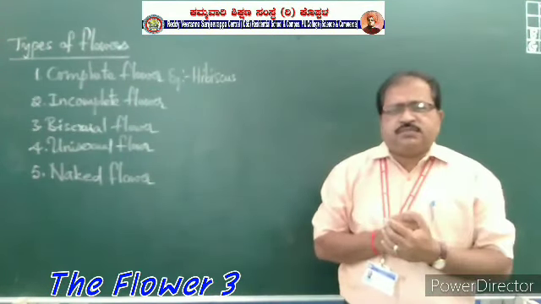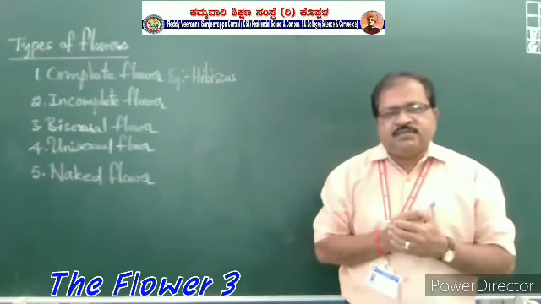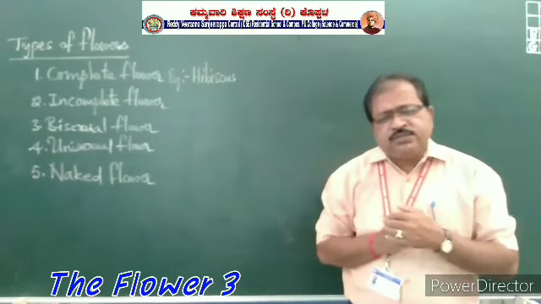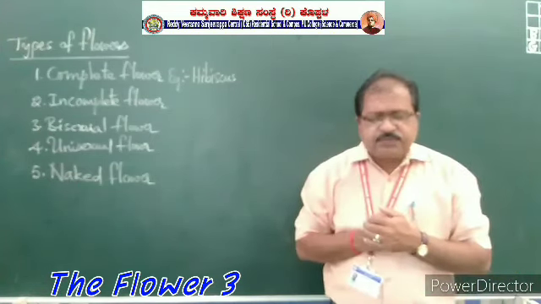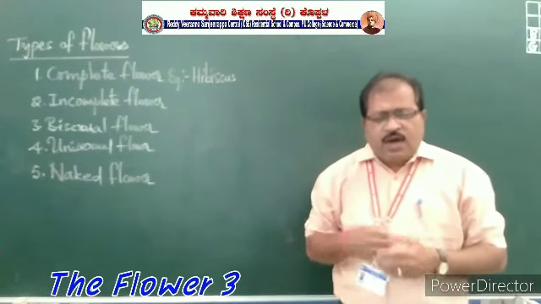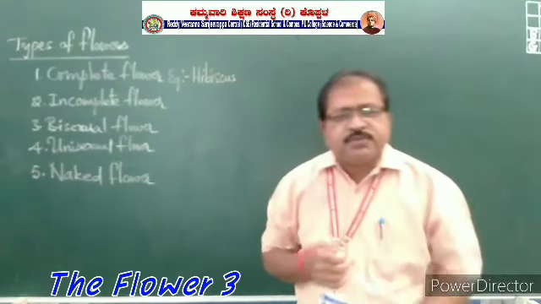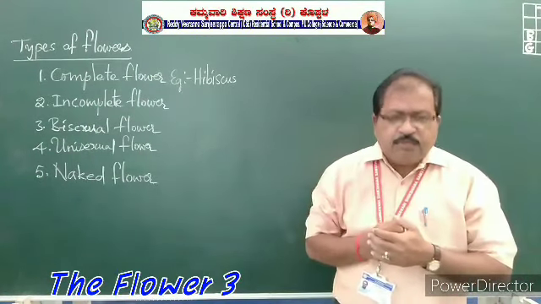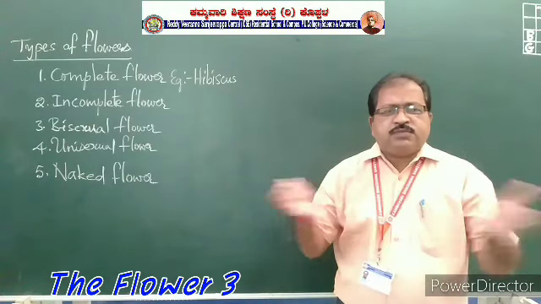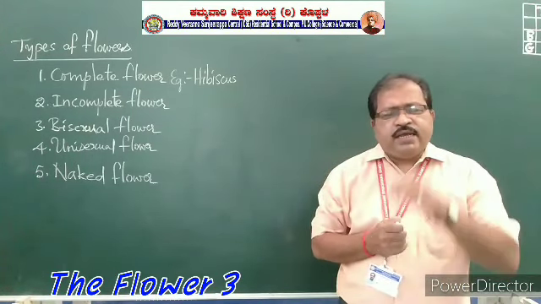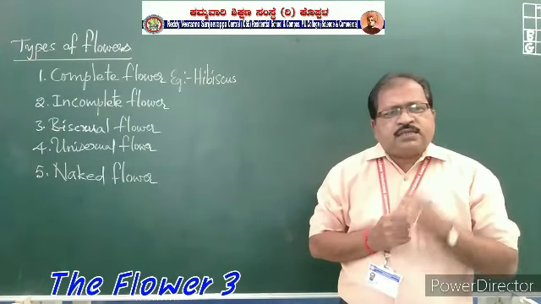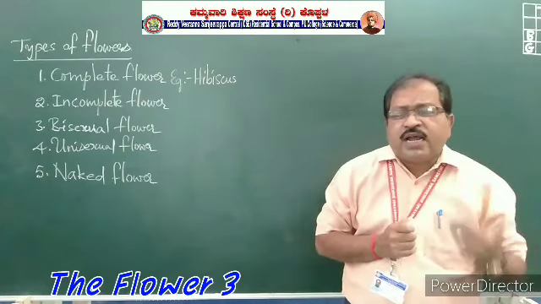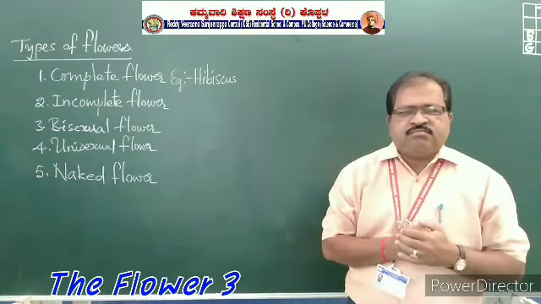Any one of these four parts is absent. Either the calyx may be absent or the corolla may be absent. Sometimes the androecium may be absent or the gynoecium may be absent. Sometimes both these parts will be absent. Sometimes they may be absent or sometimes they are non-functional, meaning not in functional condition.